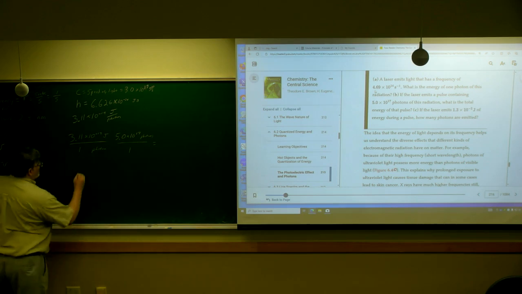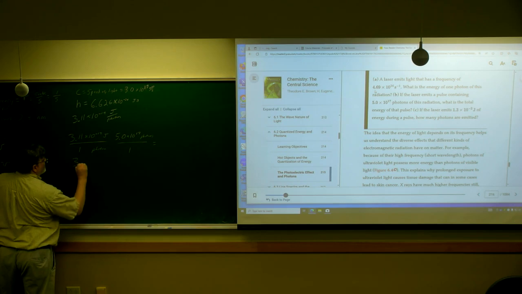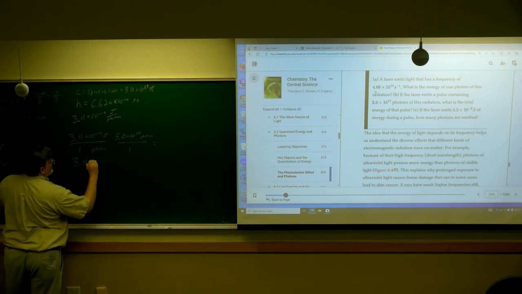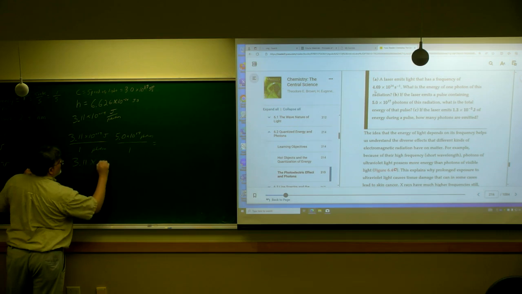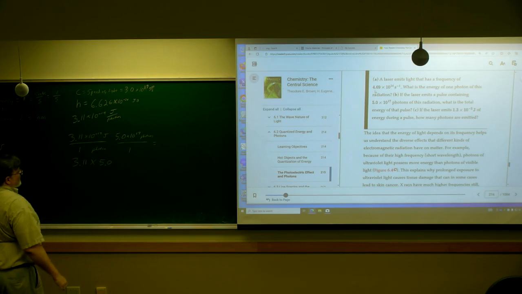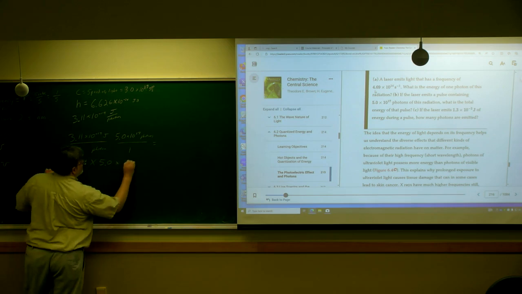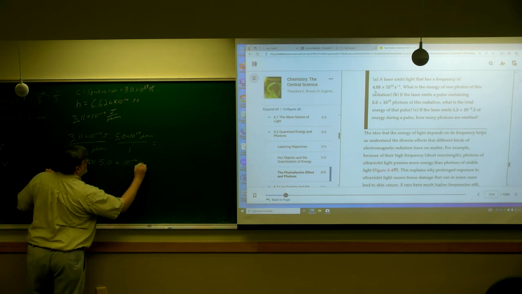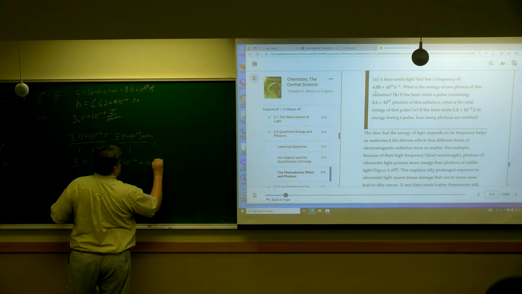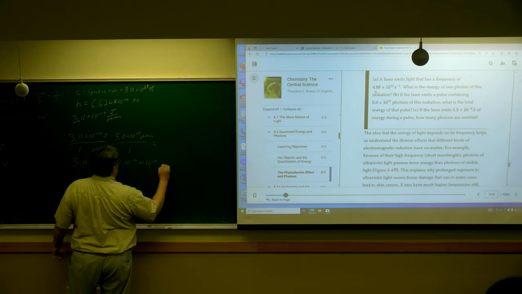And it's me solving it. I'll split it up the way I do. Times 5.0. So we're going to be in two significant figures, and then times 10 to the negative 19, times 10 to the 17, and I'll just say joules.